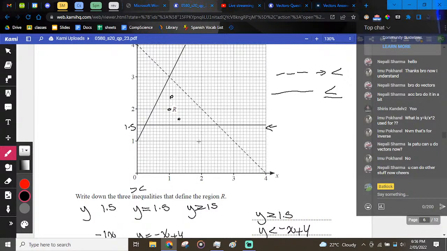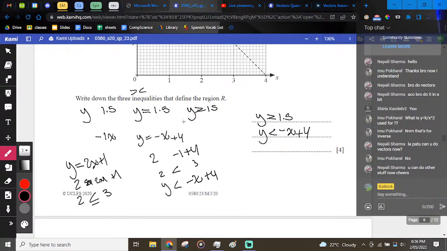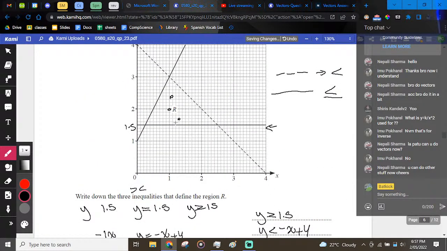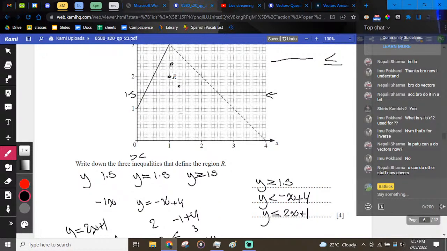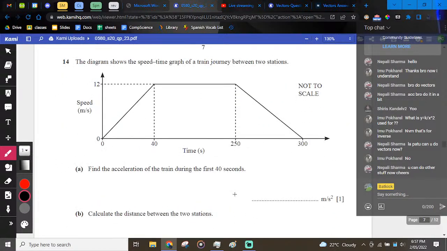Is it? Yeah, I think so. y is greater than or equal to, because it's a solid line, 2x plus 1. We can check this. I already checked it, but is 2 less than 3? Yes. Good. Fantastic.